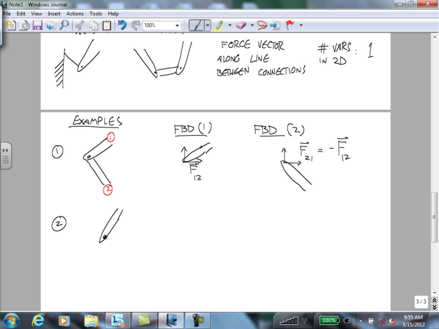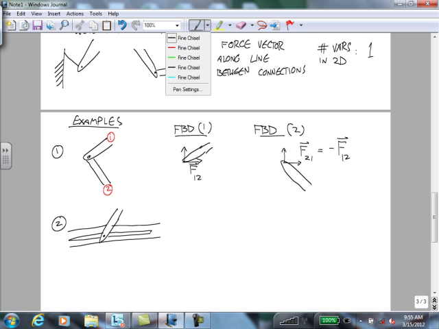For that third type, so say you have a weld joint. Call this member 1 and this member 2. So the free body diagram for member 1, you have a force vector, so that's F12, and you have a couple.